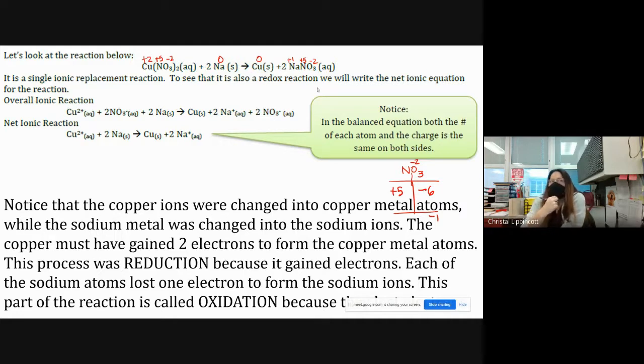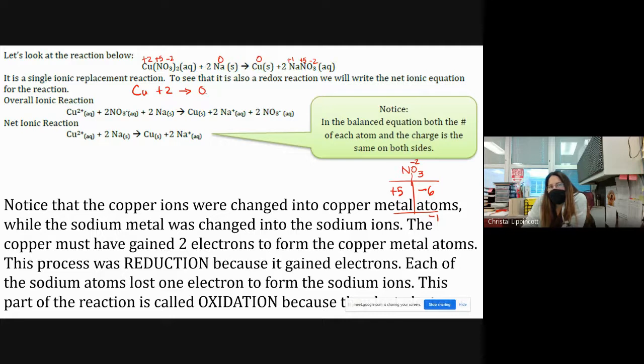All right, so we've got to see what's changed from side to side here. Is my copper's oxidation number the same here and here? No. So my copper went from a +2 to a 0. In order for that charge to change, did it gain electrons or lose electrons? Gained.